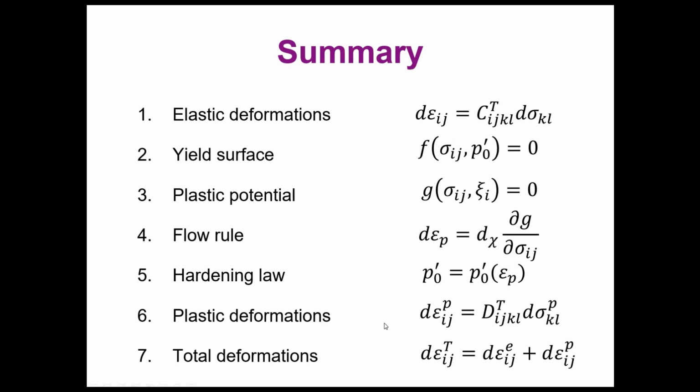You need to calculate the plastic deformations, and you do it using a tangent matrix or the tangent tensor, because you are working in differentials, because remember that this regime is always nonlinear, and the total deformation will be just the summation of the elastic deformation plus the plastic deformation.